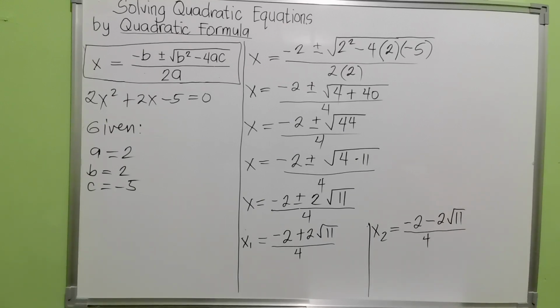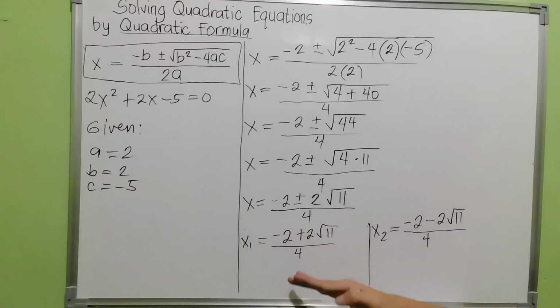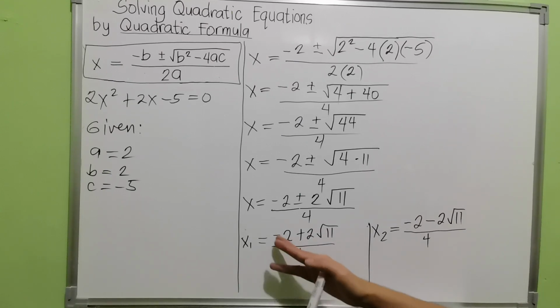Next step. In x sub 1, we have negative 2 plus 2 square root of 11 divided by 4. The denominator 4 is divisible by the numerator terms negative 2 and 2, so we simplify.